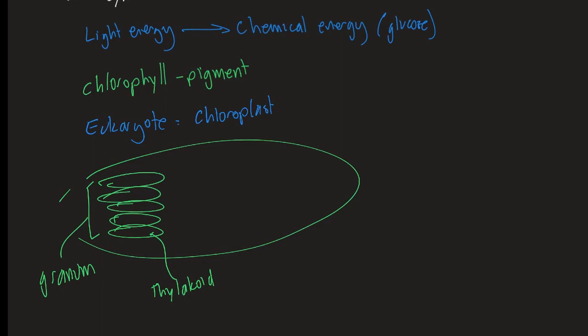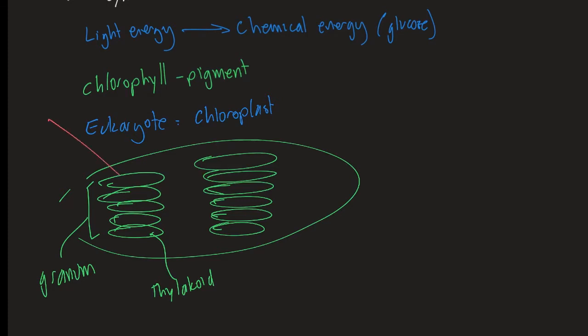One more thing, so you'll see these all over the chloroplast, and in these discs is where the chlorophyll is, and the light energy, if I can make that red, the light energy comes in here and gets absorbed by the chlorophyll, which is in these thylakoid discs.